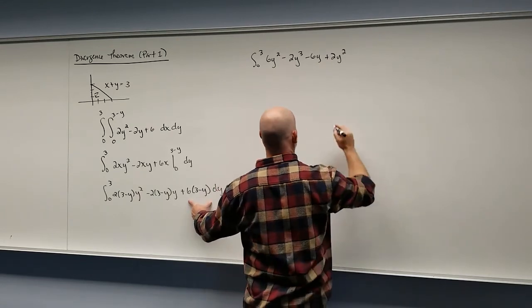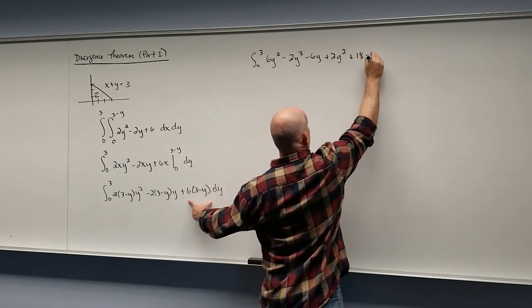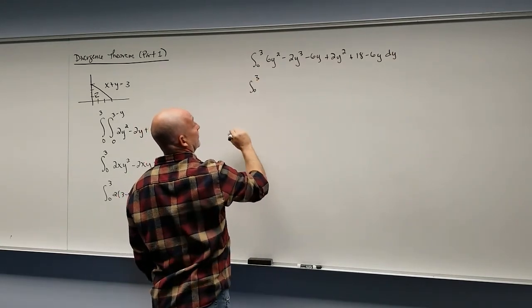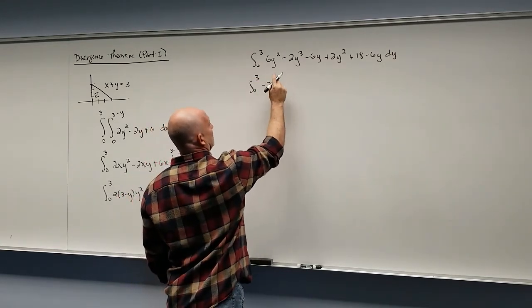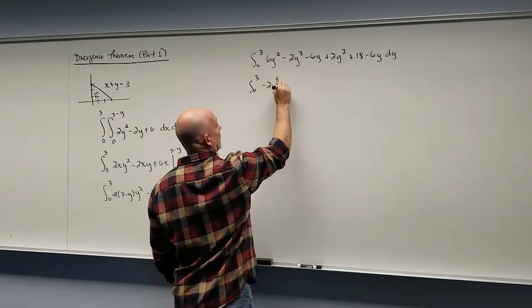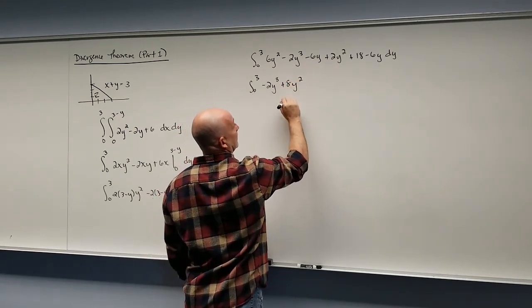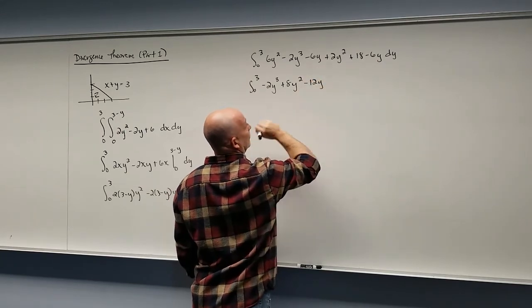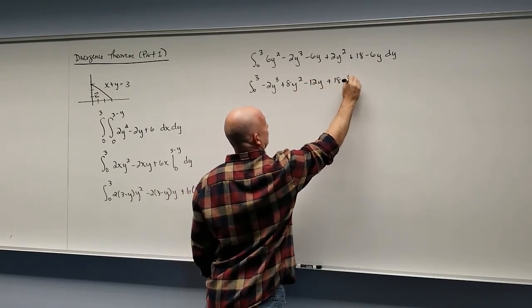Now here we're just distributing a 6, so that gives me 18 minus 6y dy. So the integral from 0 to 3, negative 2y cubed, we have 6y squared, 2y squared is 8y squared. Negative 6y, negative 6y, that's negative 12y's and an 18.